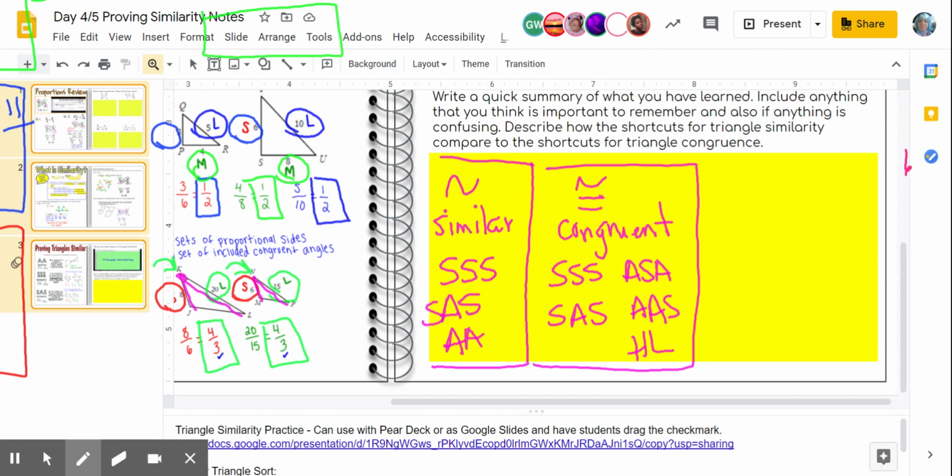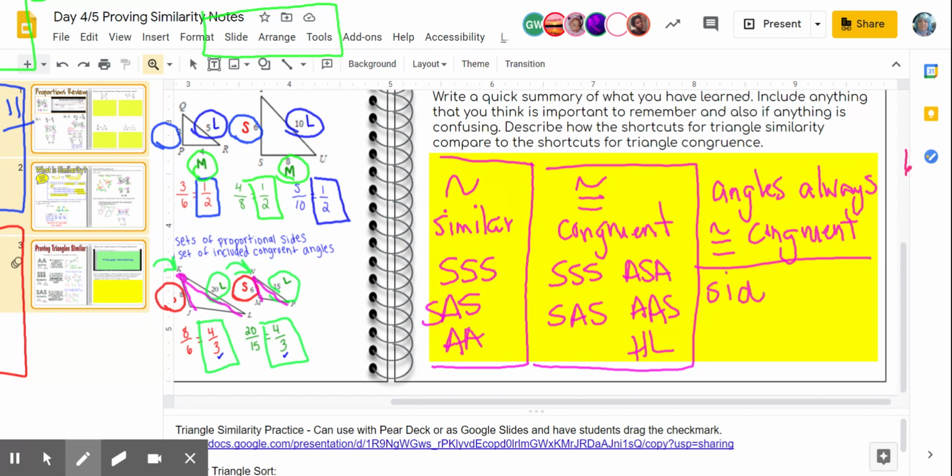And then the last thing you need to know here is angles are always congruent. And then sides change. If they're similar, they're proportional.